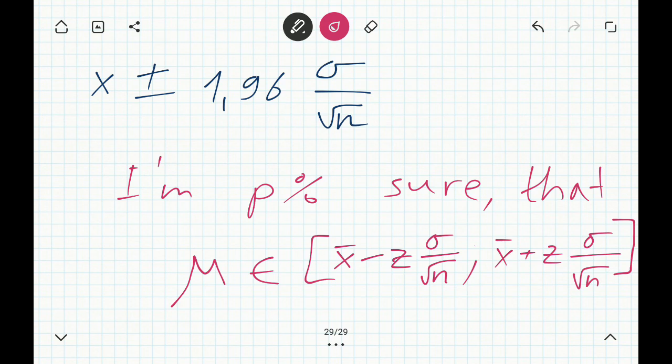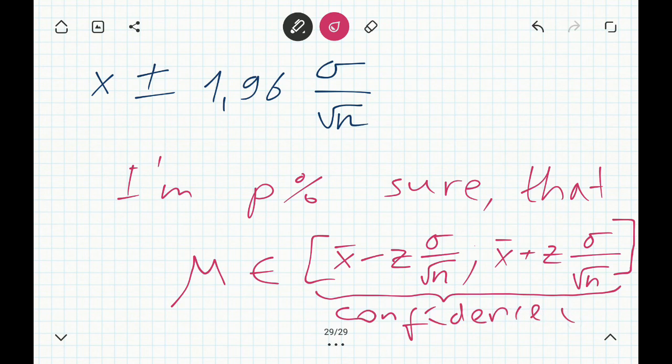And this interval here is called the confidence interval.